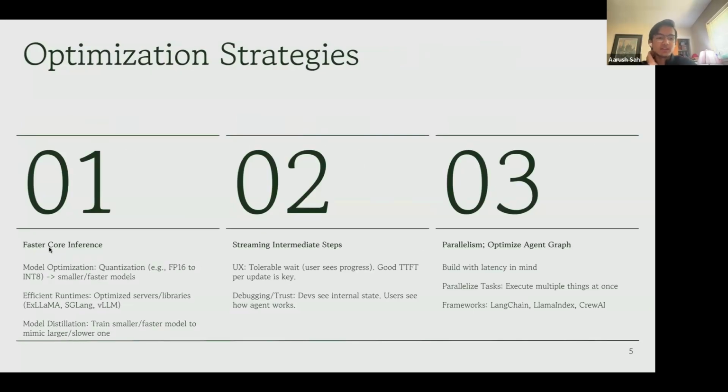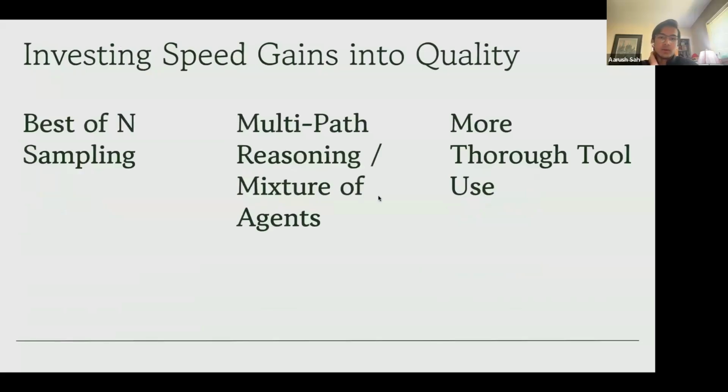You've made your agent faster with either core inference, streaming intermediate steps, parallelism, or any other form of speed improvement. But you can also invest these speed gains into quality. If you've cut your agent's latency from, let's say, 20 seconds to 10 seconds, you now have 10 seconds of budget to spend. So how do you invest it?